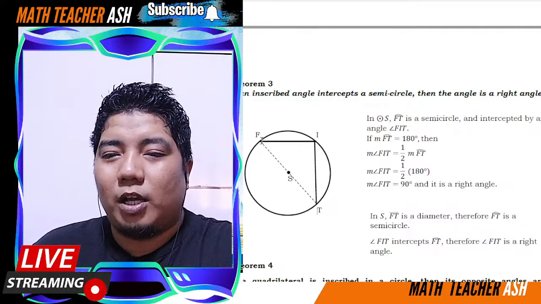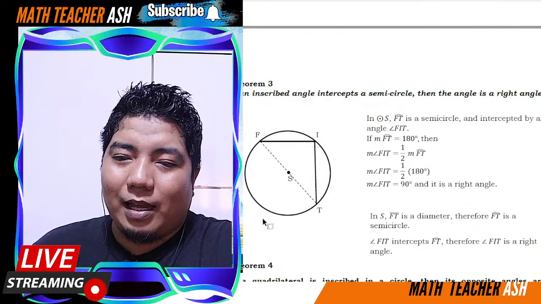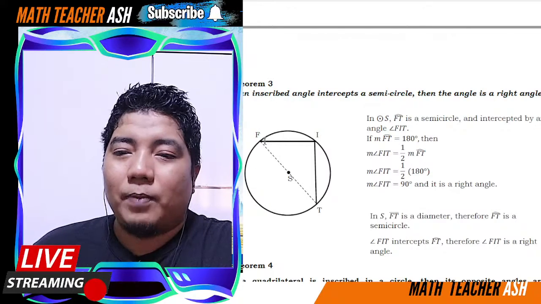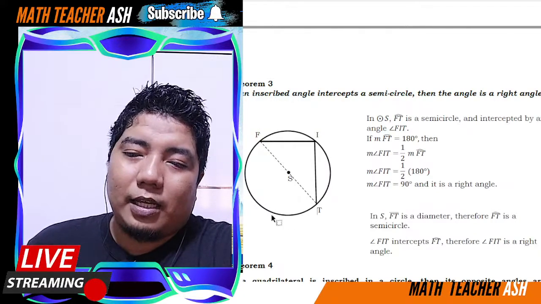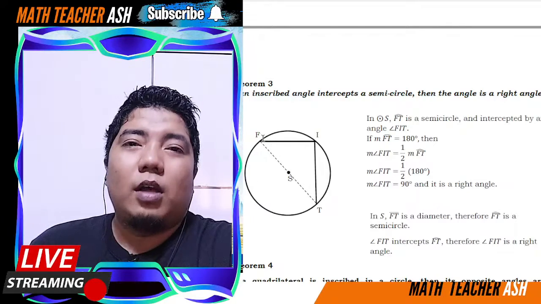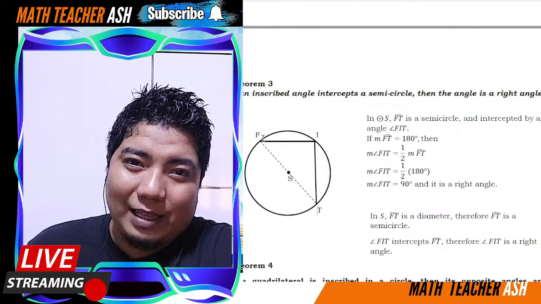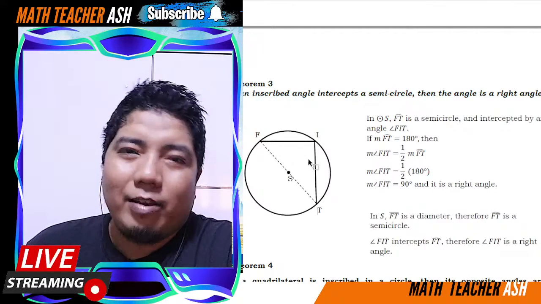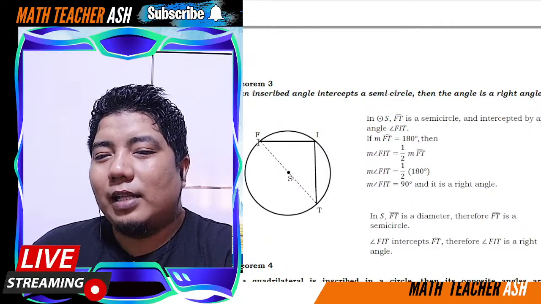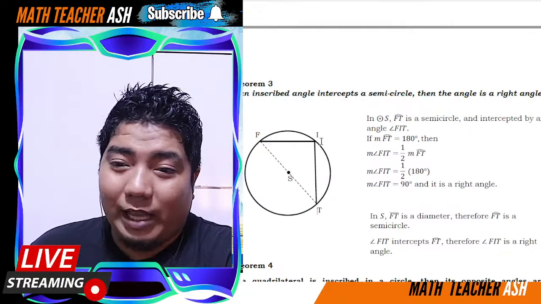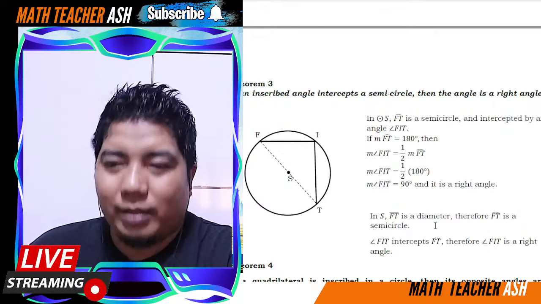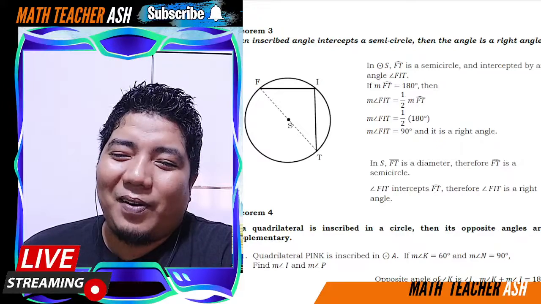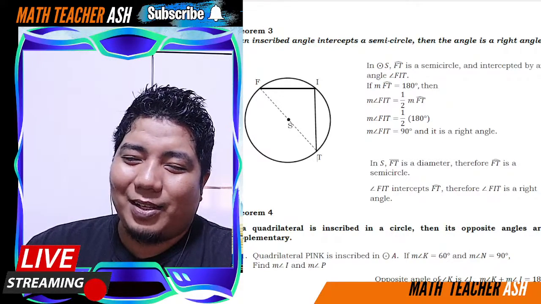Bakit? Okay, ganito lang yun. Because ang kalahati ng circle ay 180, which is the semicircle. Of course, since the semicircle is the intercepted arc now, of course, 1/2 of that is the inscribed angle. So, ano ba ang kalahati ng 180? That is 90 degrees. So, therefore, this FIT or TIF na angle is a right angle and that is 90 degrees. Alright, napakadali lamang, my dear math learners.